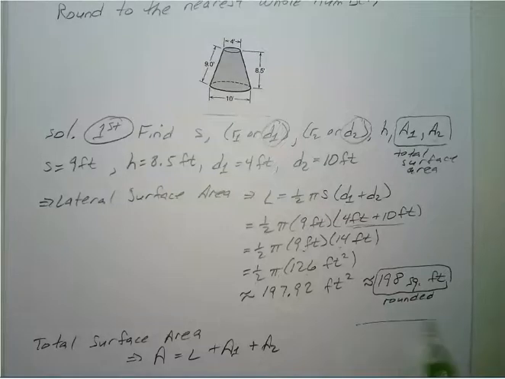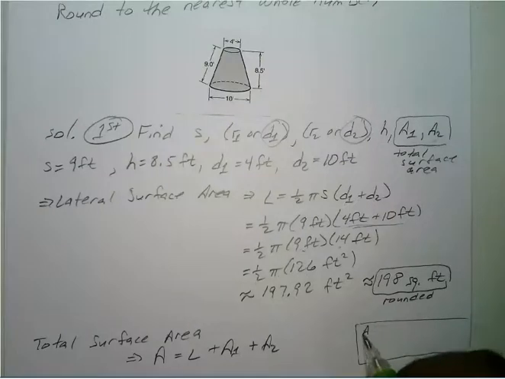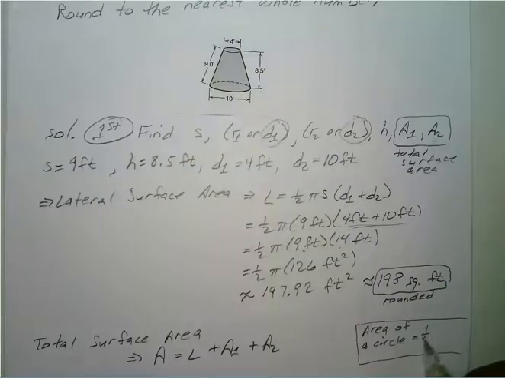Okay, now just for a reminder, the area of a circle is 1/4 pi times the diameter squared.